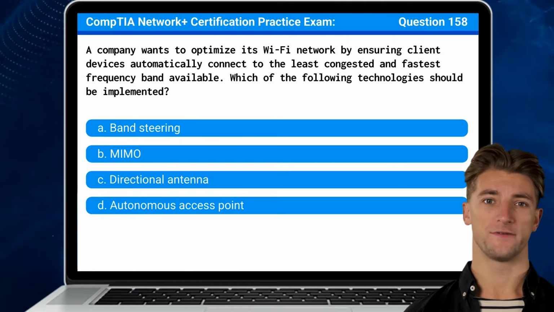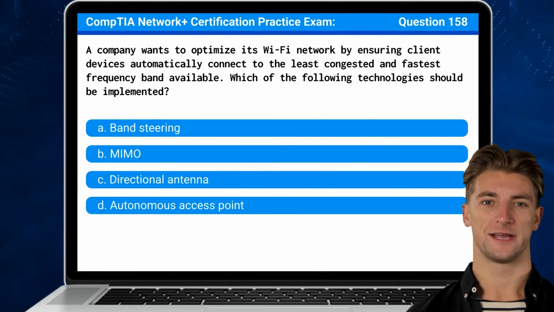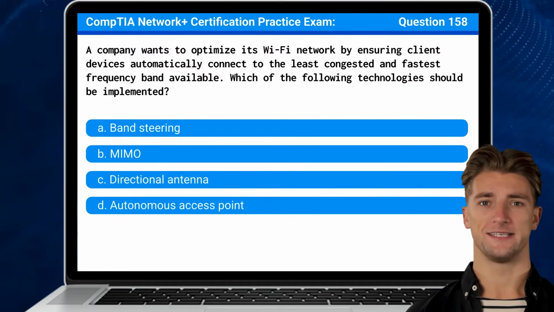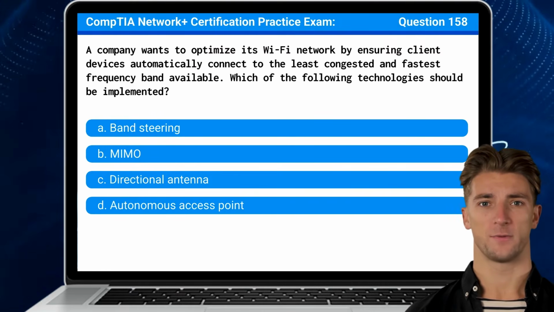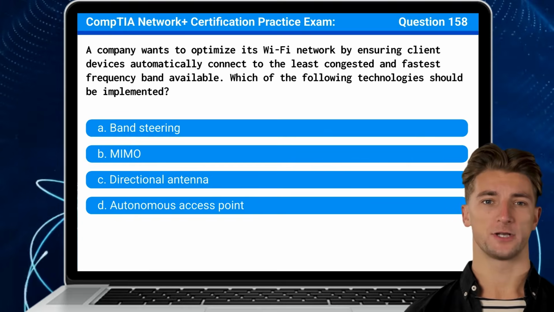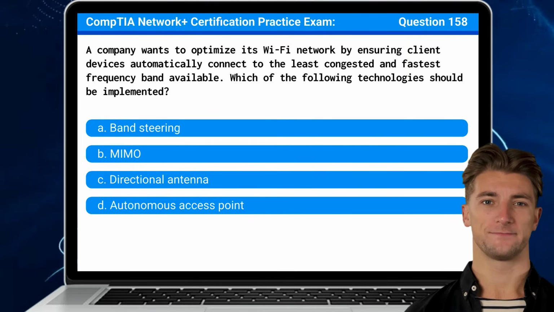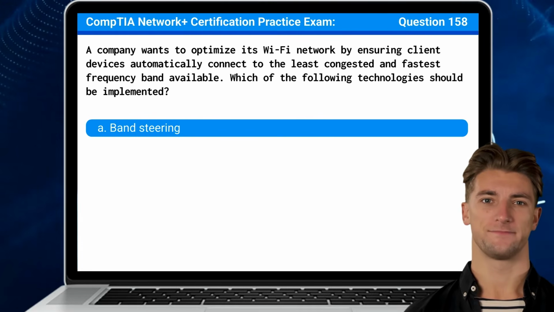Question 158. A company wants to optimize its Wi-Fi network by ensuring client devices automatically connect to the least congested and fastest frequency band available. Which of the following technologies should be implemented? The answer is A. Band steering.